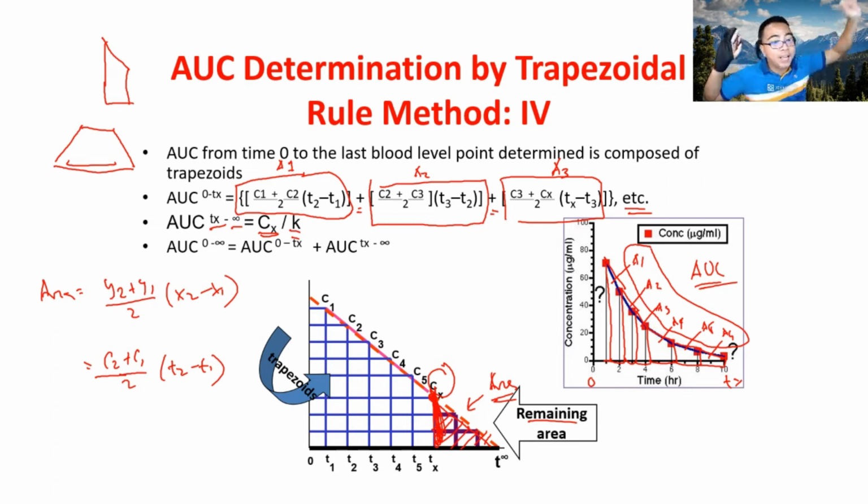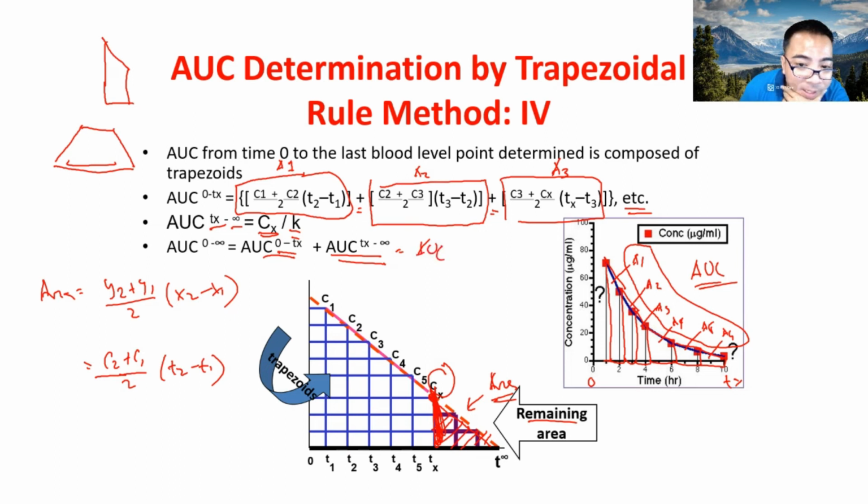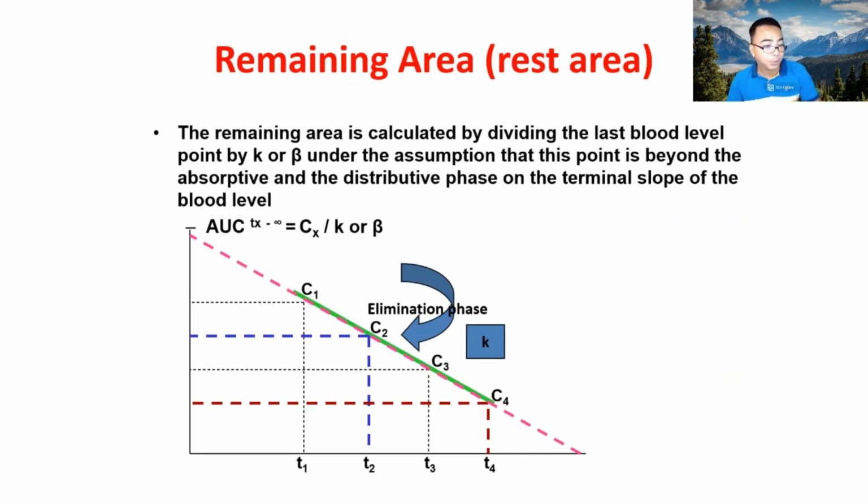Now, to get AUC from 0 to infinite time, you just simply have to add AUC from 0 to Tx and AUC from Tx to infinite time. So you get AUC from 0 to infinite time. Okay? So ito yung remaining area, last area. Sabi nga, it's just the terminal concentration divided by your K.